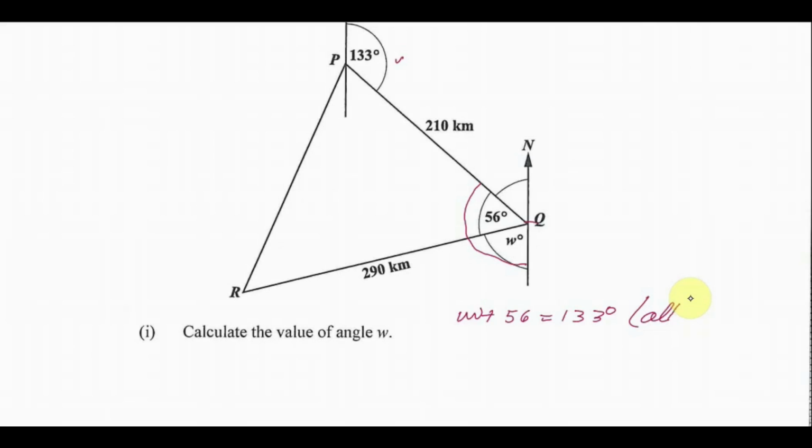Alternate angles. Therefore W is equal to 133 degrees minus 56, which is equal to 77 degrees. So that is quite easily done.